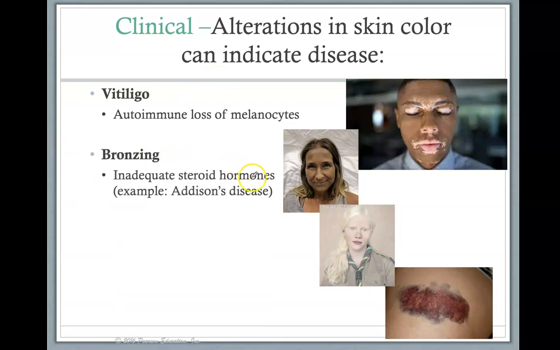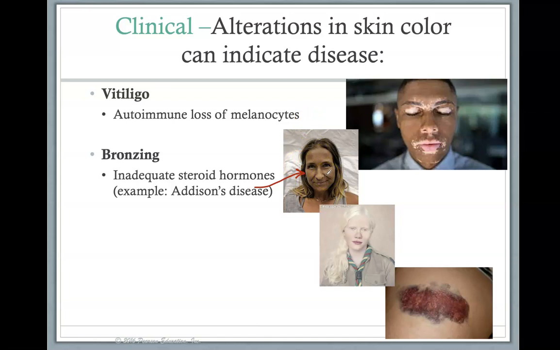Bronzing happens oftentimes with something called Addison's disease. It's just the opposite. Because of inadequate steroid hormones, your melanocytes end up producing too much melanin, more than they usually would. So you get this bronzing effect here.